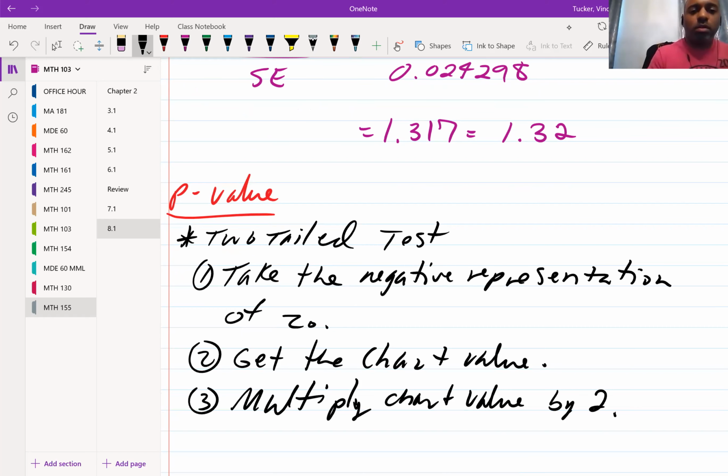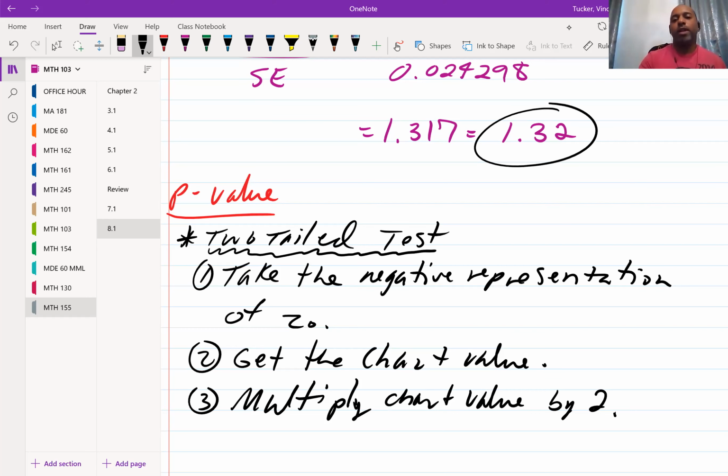All right, so I forgot about that part of it in that other class that I had. We always got negative z-scores, but when we got this positive one right here, I forgot that it's the negative one that we would multiply by 2. So when you look at this 1.32, I want the negative representation of that, which is just negative 1.32.